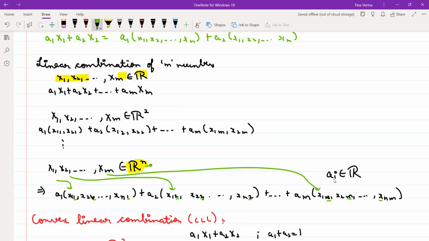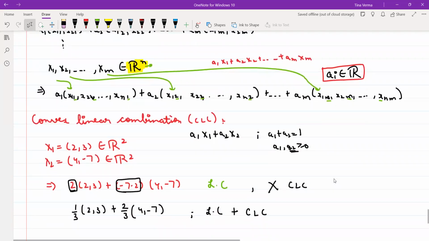So the linear combination is a1 x1 plus a2 x2 plus ... plus am xm, and in this case the ai's will belong to the real numbers. So this was the linear combination.